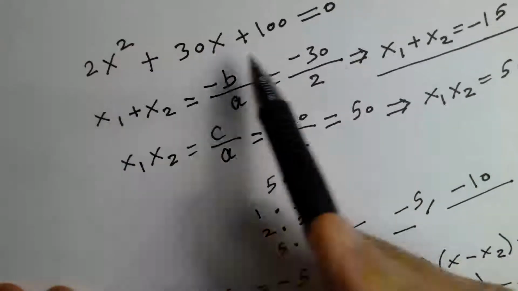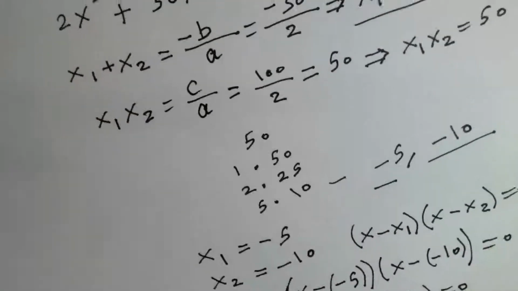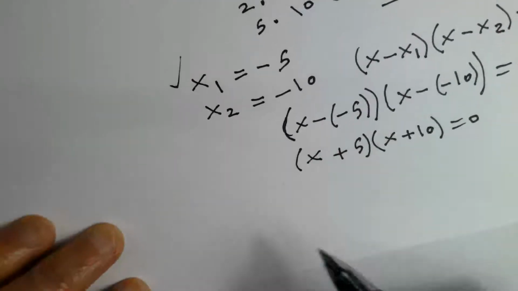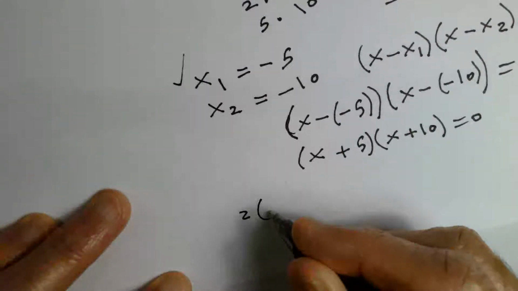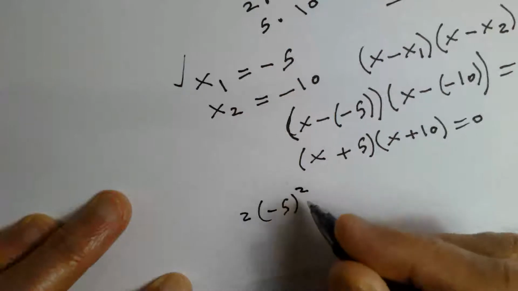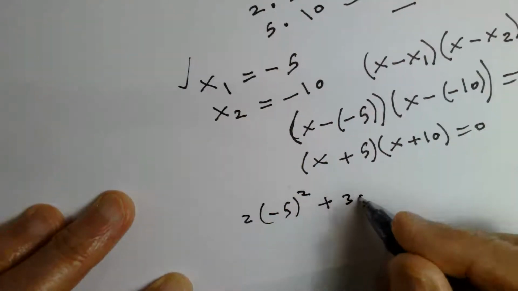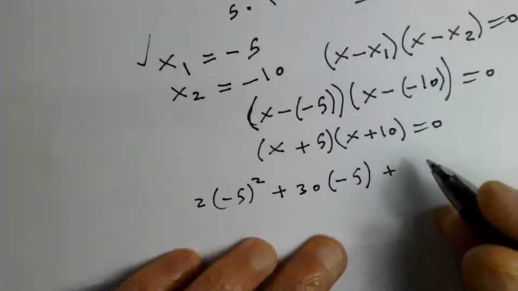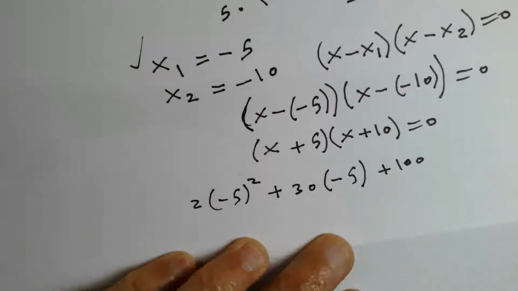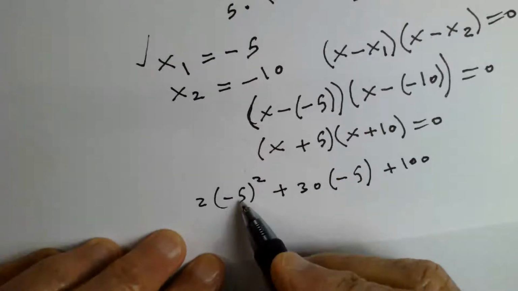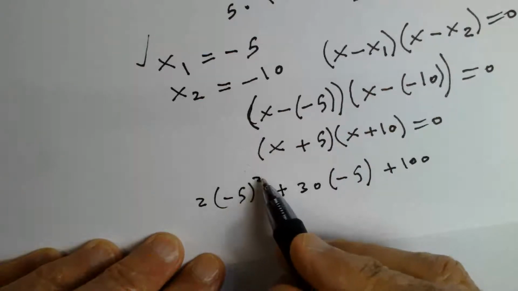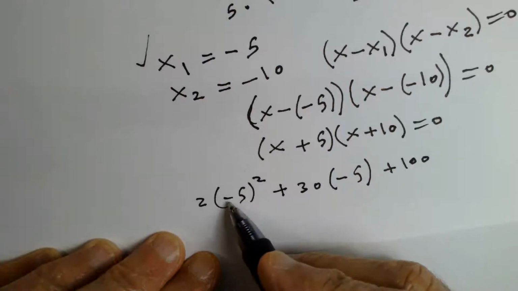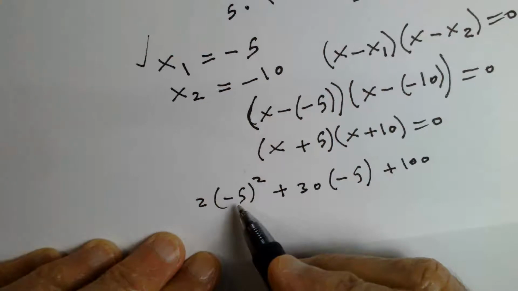This is our original equation. So let's put the first one, minus 5. If we do that, we have 2 into minus 5 squared plus 30 into minus 5 plus 100. Minus 5 squared is 25 because when it's squared, the negative sign into negative sign is positive.